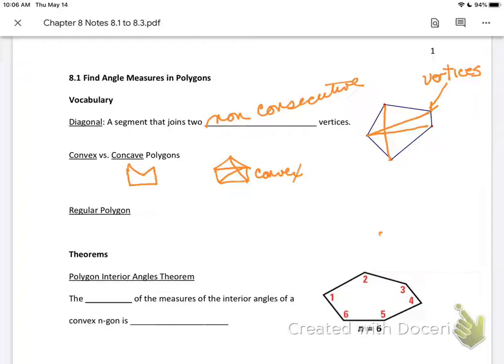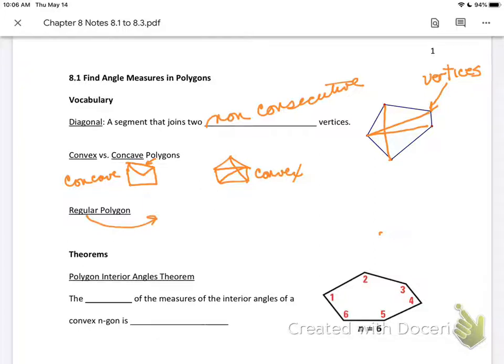If I connect vertices and my line is outside, see how that's going to be outside? That is a concave. And notice it looks caved in where that V is. So concave, when you connect the vertices, you end up being outside at least one time. Okay, so that's the definition there. Regular polygons.